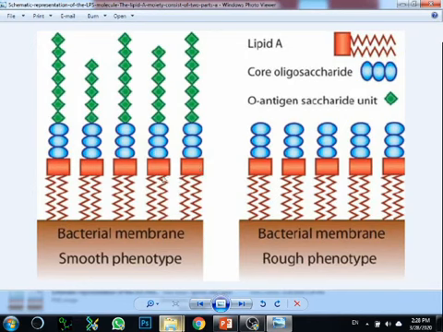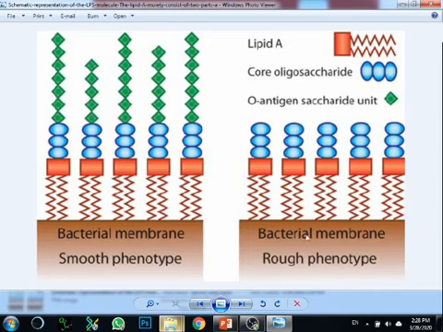I will remind you that it has something called outer membrane. On the outer membrane there is lipopolysaccharide. Okay, this is the lipid part, called lipid A, those red zigzag chains. And you have something called core oligosaccharide, those blue circles. And in the smooth phenotype, there is a green chain called O antigens attached to the core oligosaccharide.